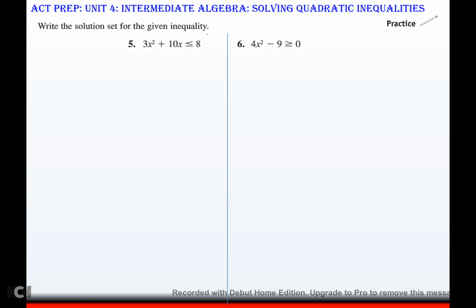All right, so this is not in quadratic form, so I'm going to subtract 8 from both sides, and that gives me 3x squared plus 10x minus 8 less than or equal to 0. And to factor this, I'm going to have to do a times c, so 3 times 8 is 24.